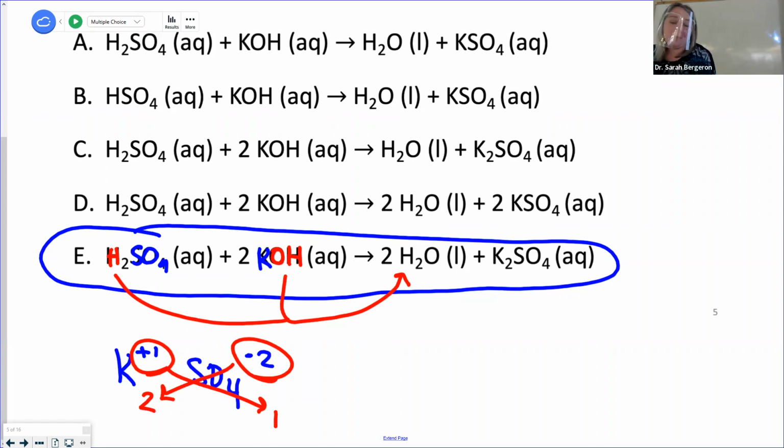So I rewrite my formula as K2SO4. Once you did that, now you have to worry about balancing. You should have recognized that you had 2 hydrogens here, so you end up having to have 2 OHs here to make 2 waters. And then when you put that 2, you also balanced the potassium. You'll see something like that on your next exam.